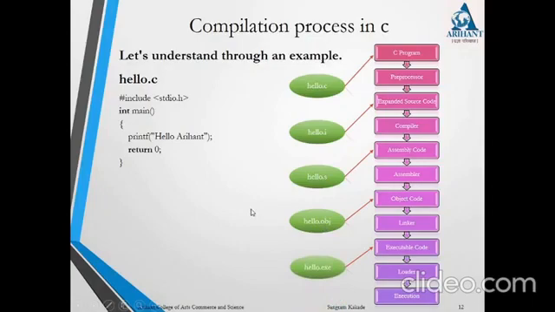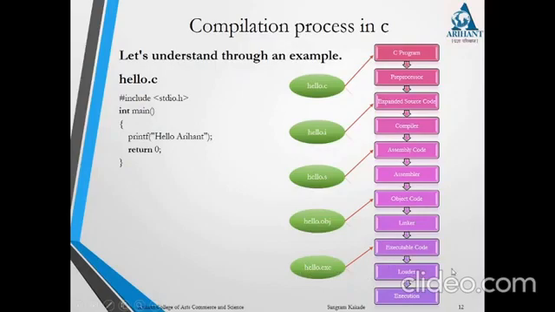This object code is again passed to the linker, and the linker will link the object code of the other file, here stdio.h. Basically we are using the printf function from stdio.h. It will take the printf object code and put it in entirely.